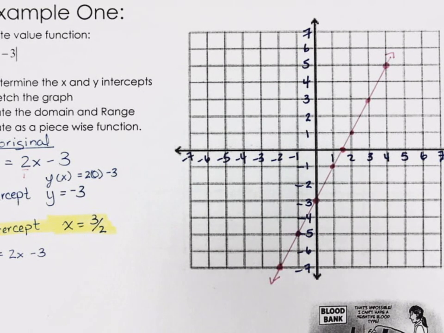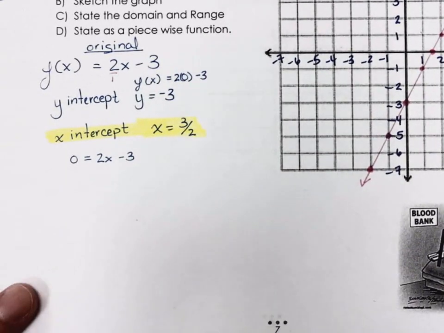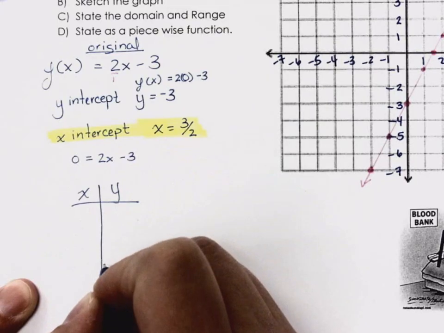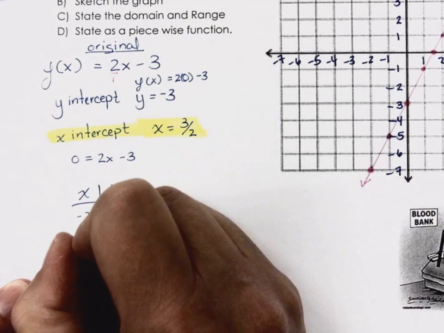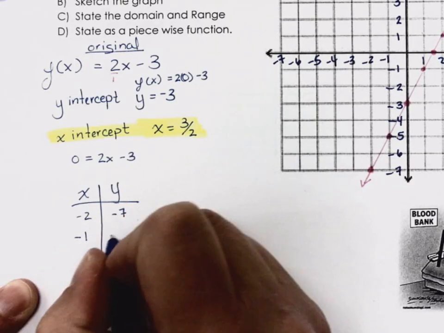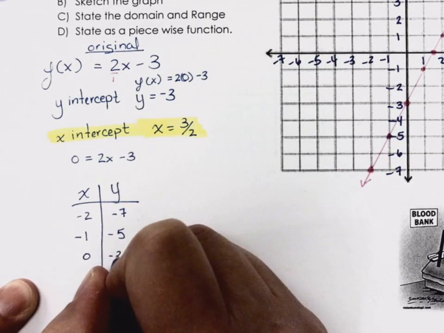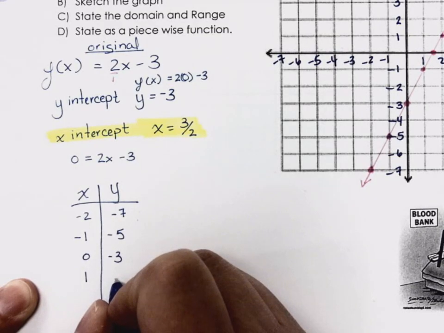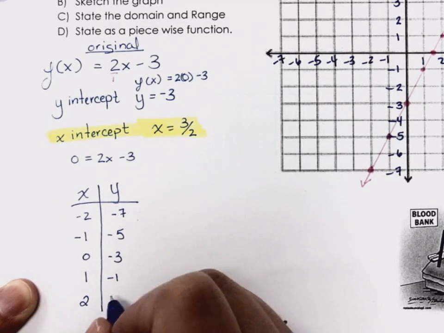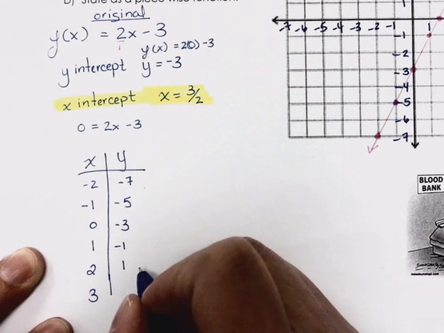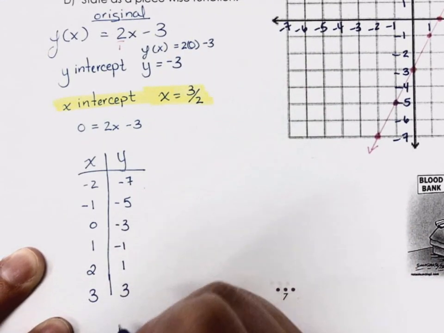So I'm going to create a table of values just because I can. So if we were to do x and y of the original graph, at -2, I'm at -7, at -1, I'm at -5, at 0, I'm at -3, at 1, I'll remember this. Move the same on both sides.